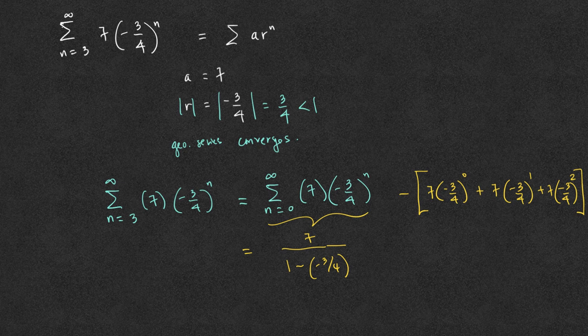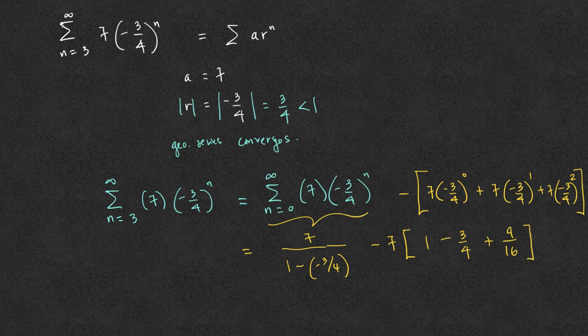And we still need to take away these as well. We factor out 7 inside the bracket. Negative 3 over 4 to the 0 power is 1. Negative 3 over 4 to the 1 power is negative 3 over 4. And negative 3 over 4 squared is positive 9 over 16.